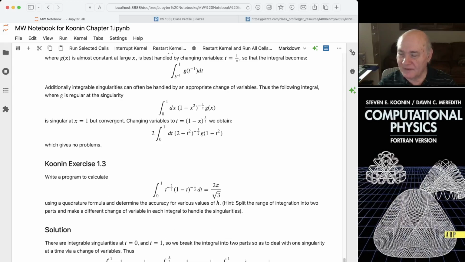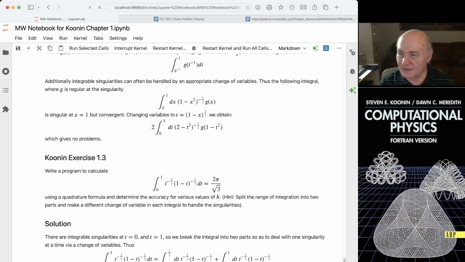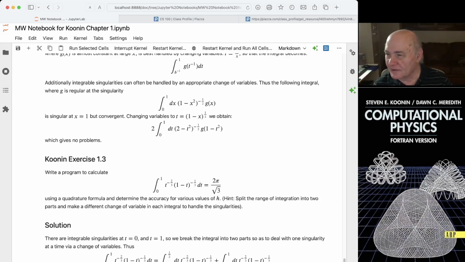And sometimes you have formulas like this. You have integrable singularities, like 1 minus x squared to the minus 1/2. It's singular at x equals 1, but it's actually convergent when you do the integral, as you can verify. When you change variables, here you want to make a variable change, t equals 1 minus x, because you can actually factor this.